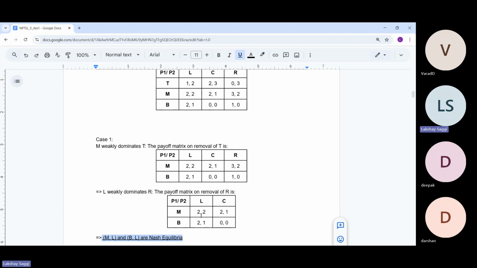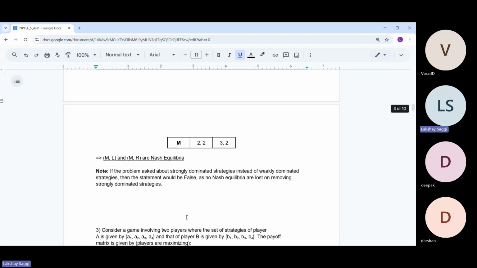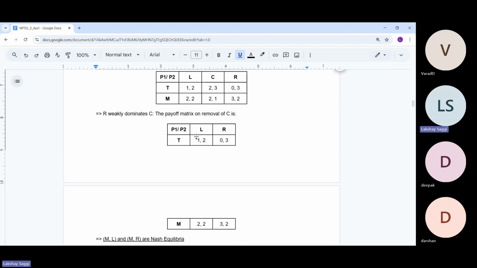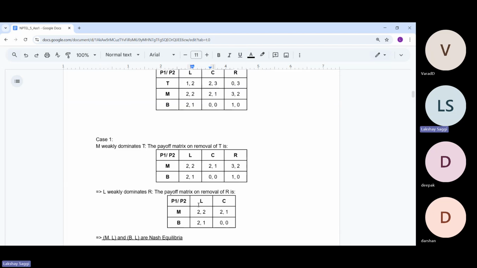You can check this very easily, like we checked for case two, in this matrix also. So yeah. The final idea is that on removing first the strategy T and then strategy R, we arrived at ML and BL as the Nash equilibria.